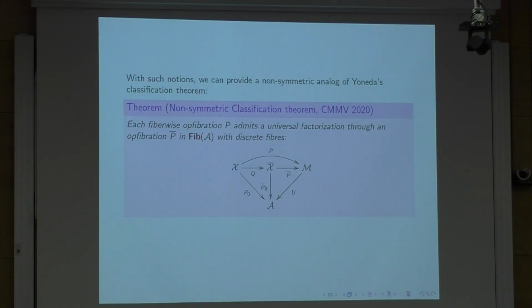So you start with a P, which is a fiber-wise opfibration without fulfilling the condition C prime, and you get, again, by using the connected components of the fibers, an internal opfibration with discrete fibers, which corresponds to the case of regular spans into two-sided discrete fibrations. But it's a non-symmetric case.